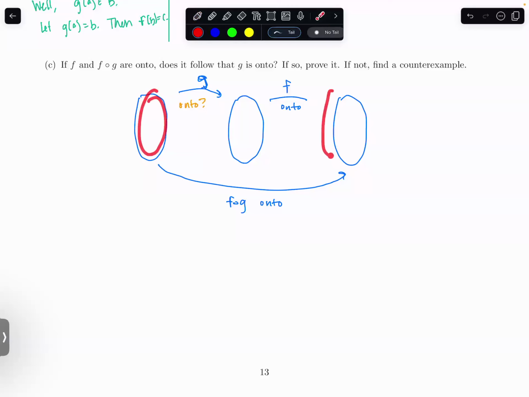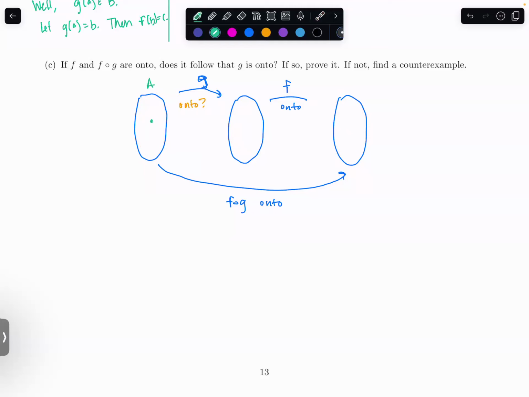Basically, these two things can sit on top of each other like paper and match up, and that's fine. But this doesn't have to hit everything in here. So let's try to explain this. I'm going to draw the counterexample and then we'll talk about it.